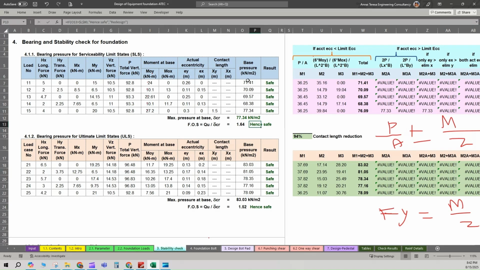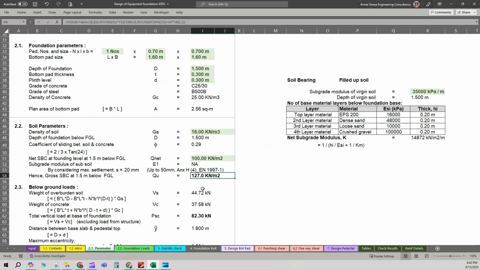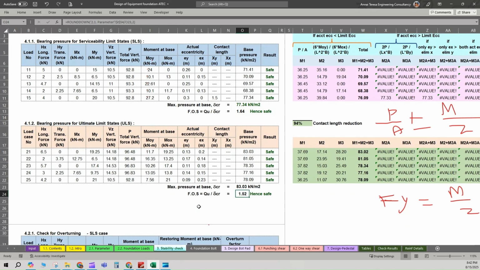The remaining procedure is the same as for the ULS load case. If you see here, the bearing pressure is 77.34, which is less than the gross bearing pressure which we have considered as 127 kilopascal. Dividing the gross bearing pressure by the actual pressure gives 1.64 in ULS load combinations and 1.52 in SLS load combinations.